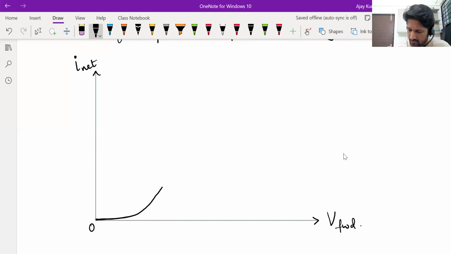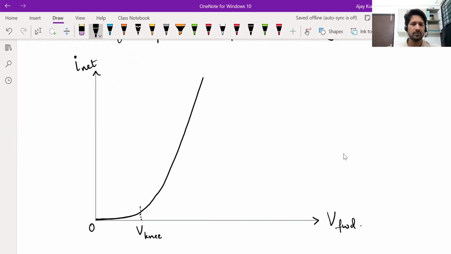So the behavior will be like this. Up to a certain voltage, there is no significant current through the junction, even if it is forward biased. That voltage is called the knee voltage. The knee voltage, beyond which you get significant current, depends on the material with which the PN junction is made.